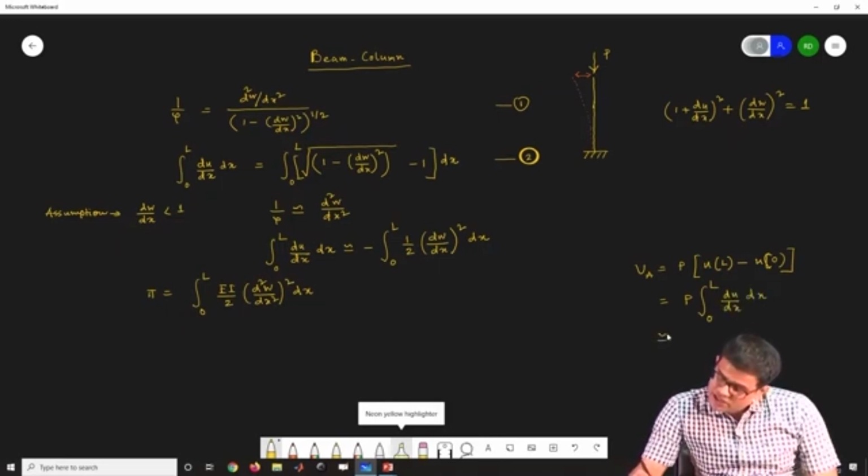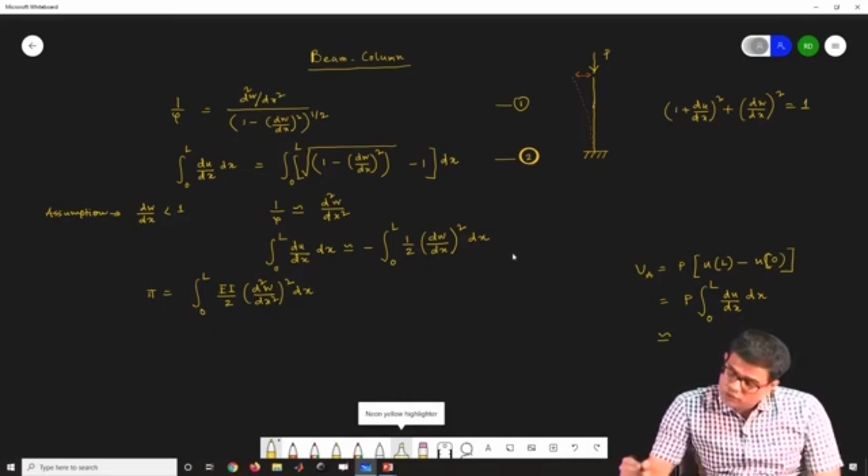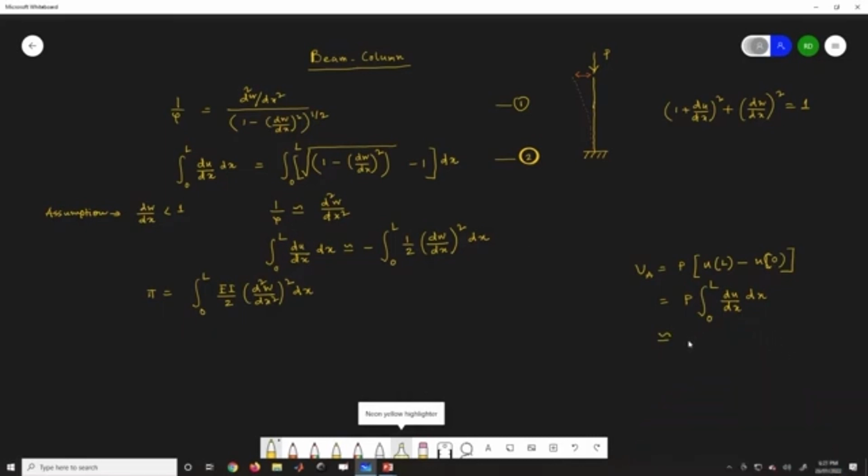Again, if I substitute the approximating equation into this axial strain energy, this is nothing but minus P by 2 integral 0 to L dw by dx whole square dx. So, my total strain energy will have another component.